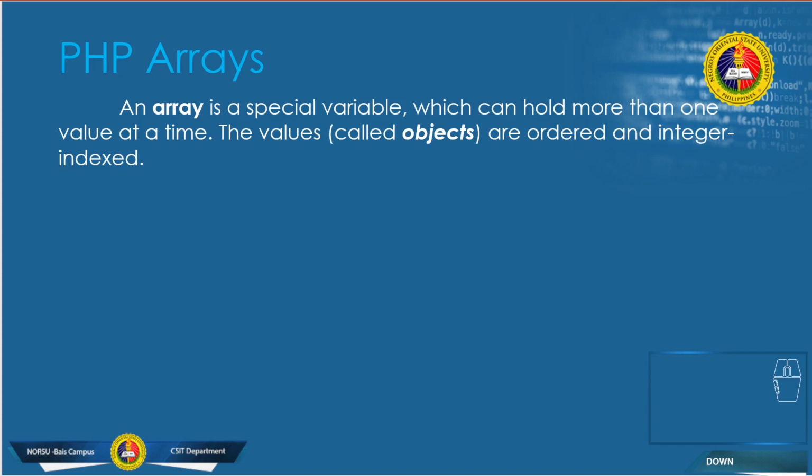Or you can also set a specific name for each value. We'll talk more about it later on. So just remember, arrays are like variables. However, arrays can store multiple values at the same time, and they are ordered and integer indexed. When we say integer index, it is numbered with numbers. Gi-order siya with 1, 2, 3, 4, 5, 6, so on and so forth.